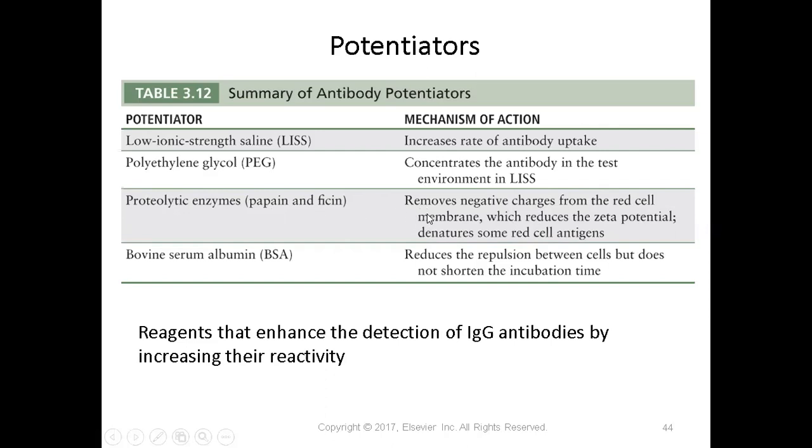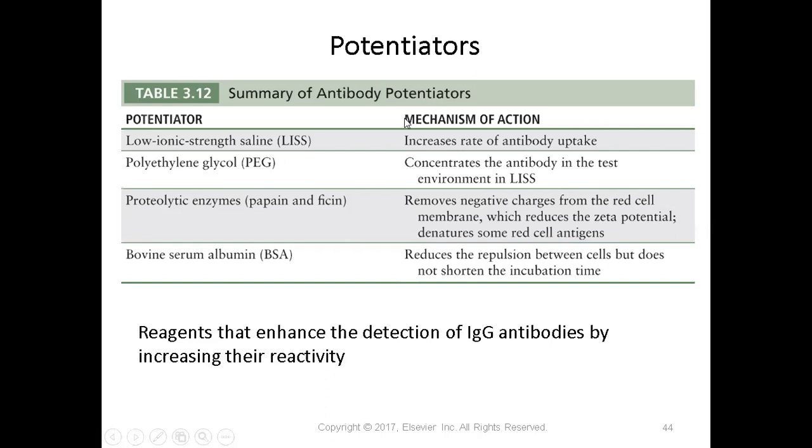And we're going to be talking a lot more about this one a little bit later in Module 2. The last one here, bovine serum albumin, reduces the repulsion between cells but does not shorten the incubation time. So basically it shortens that zeta potential, and so binding can occur more readily.